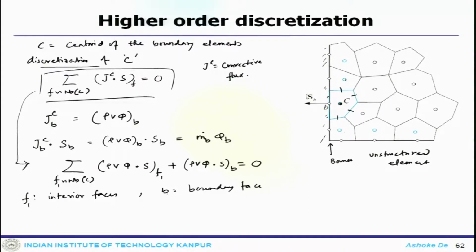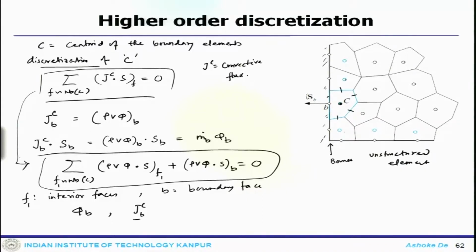Now, the specification of the boundary condition involves either you specify the unknown boundary value phi_B, or one can specify the boundary flux. Depending on that, this discretized equation needs to be modified.